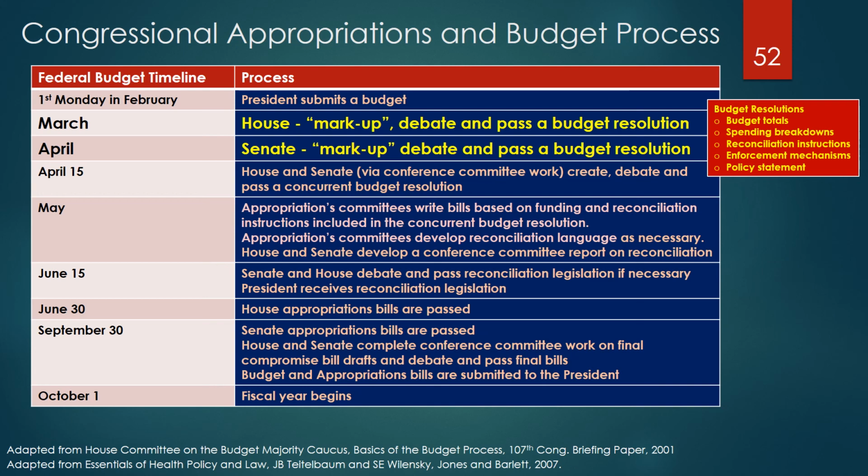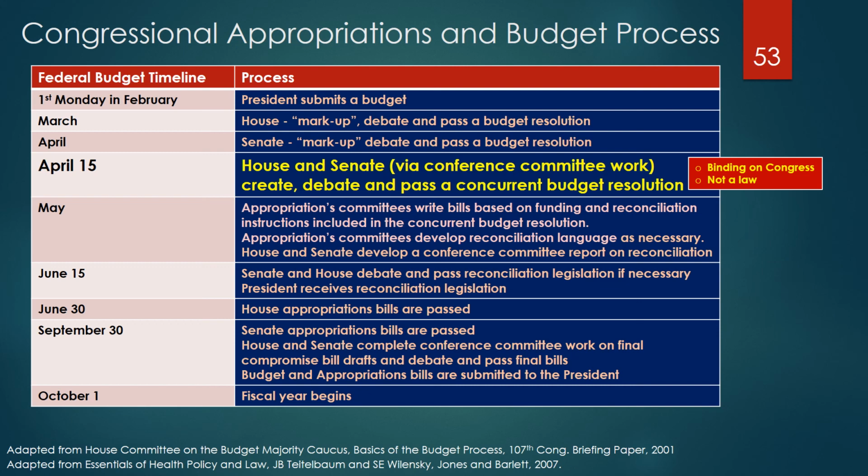Each chamber then debates and passes a budget resolution defining how their chamber would spend federal funds in various categories, like defense, agriculture, transportation, public health, education, etc. The budget resolution contains budget totals, spending breakdowns, reconciliation instructions, budget enforcement mechanisms, and budget policy statements.